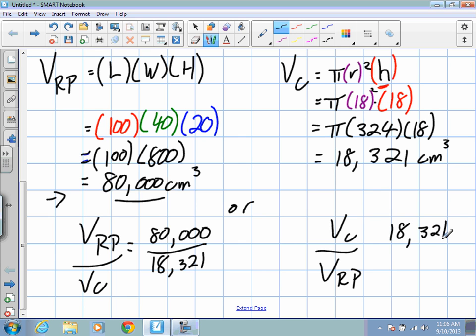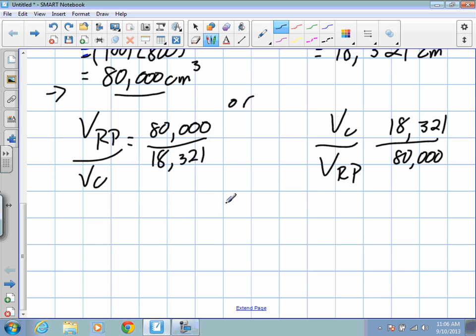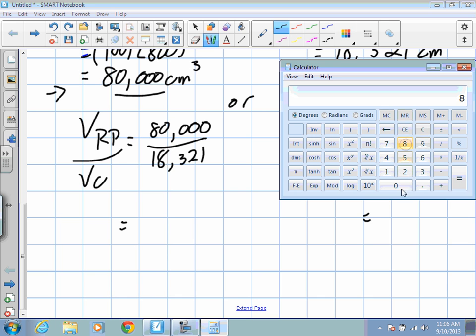So let's logically figure this out. We're going to divide both these values. I have a calculator here somewhere. There we go. So the one on the left, 80,000 divided by 18,321. Oh, that didn't come out. Sorry. Try that again. 80,000 divided by 18,321. There we go.